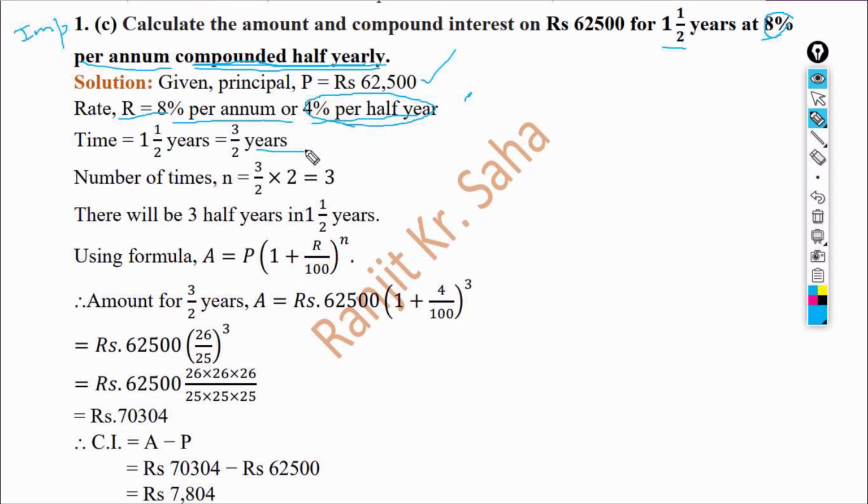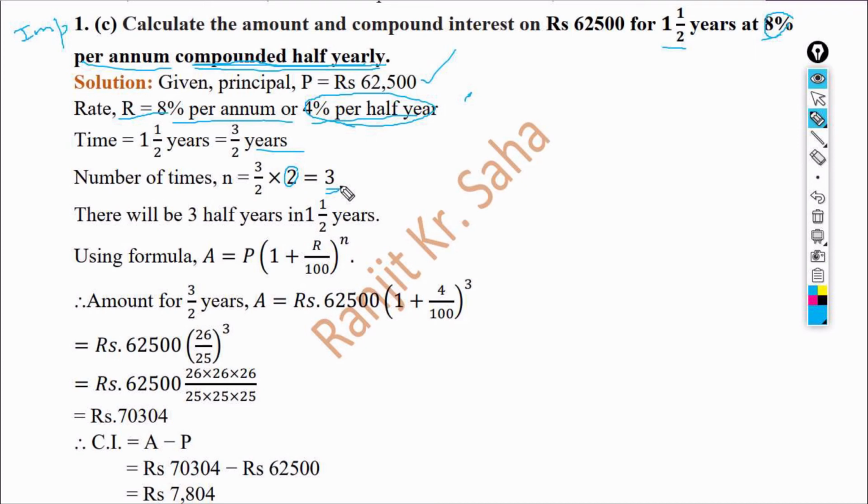For 1.5 years, how many half years? In a year there are 2 half years, so just multiply by 2. That is, you are getting n equal to 3. Number of times equal to 3.